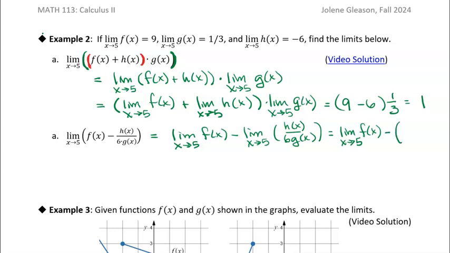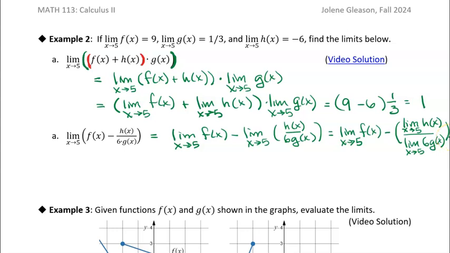So I'm going to move the limit inside. The limit as x approaches 5 of h of x over the limit as x approaches 5 of 6 times g of x. Running out of room here. Just enough room.